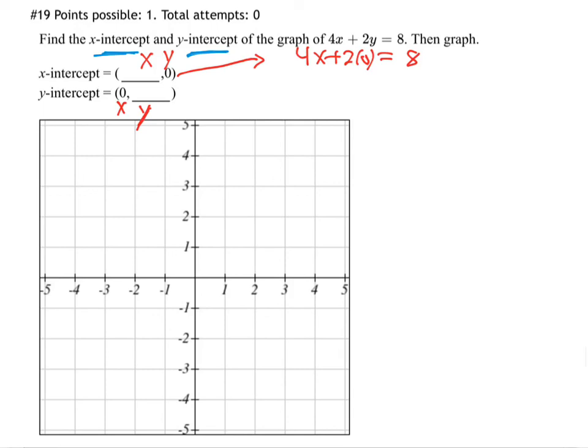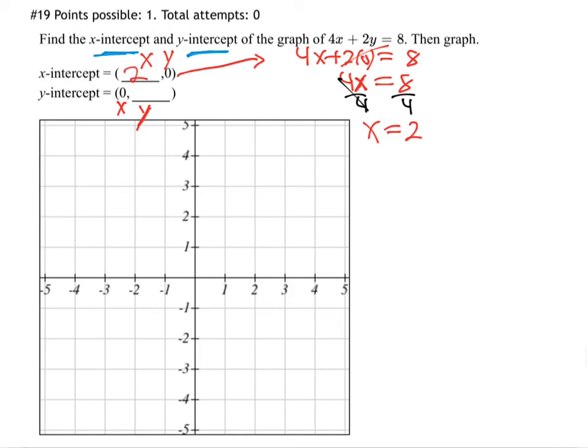So I just pop in a 0. And so that just becomes 4x is 8, because 2 times 0 is just 0. That's just gone. So 4x equals 8. How do we finish solving for x? Divide by 4. So x is 2. Boom.